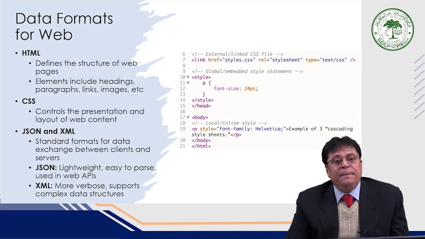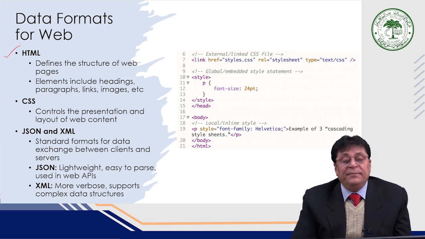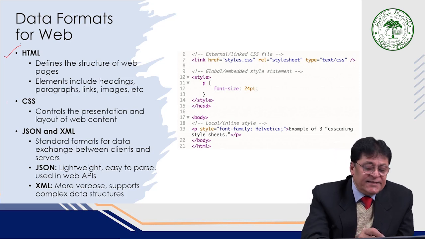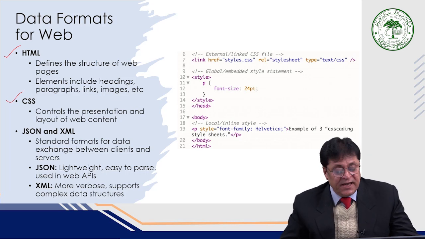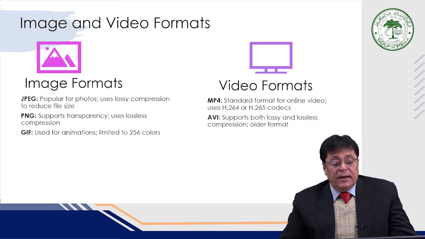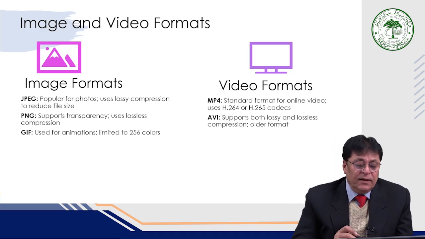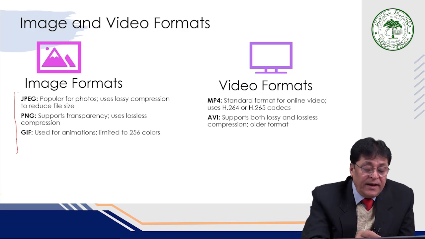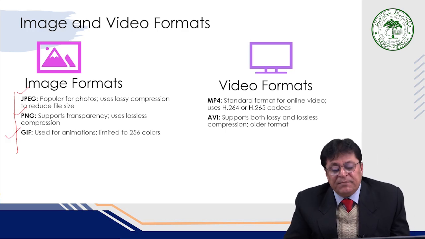In the same way, data formats for web: HTML stands for hypertext markup language, CSS, cascading style sheets. We have just discussed about JSON and XML. In the same way, for images and videos, the popular file formats, we discussed about it: JPEG, PNG, GIF, these are all very popular image formats.